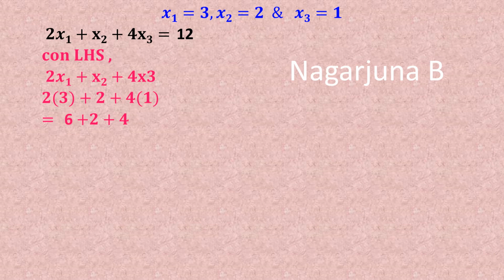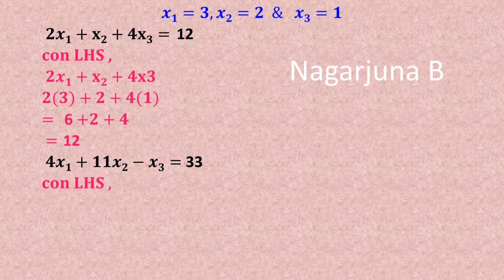Now consider the second equation. The second equation is 4x1 plus 11x2 minus x3 equal to 33. Consider LHS, the left hand side of the equation, 4x1 plus 11x2 minus x3. Substitute the values of x1, x2 and x3.